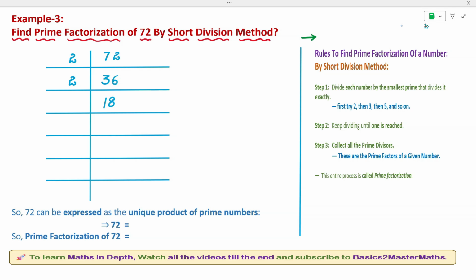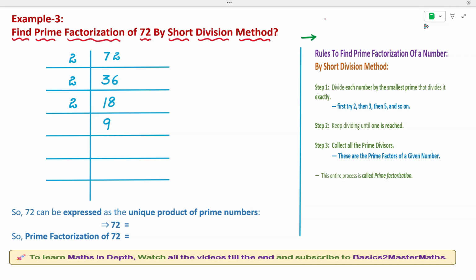Again, try dividing 18 by the smallest prime 2. Since 2 divides 18 exactly, we get 9.